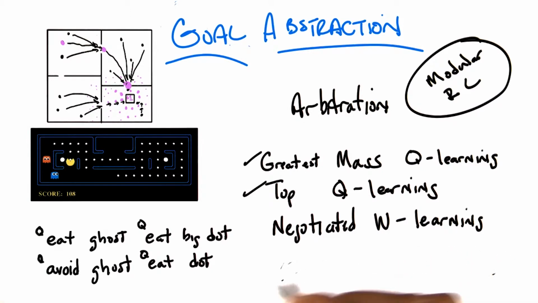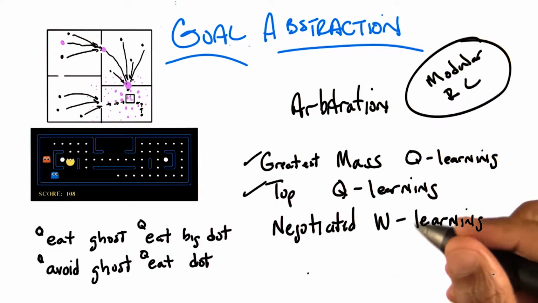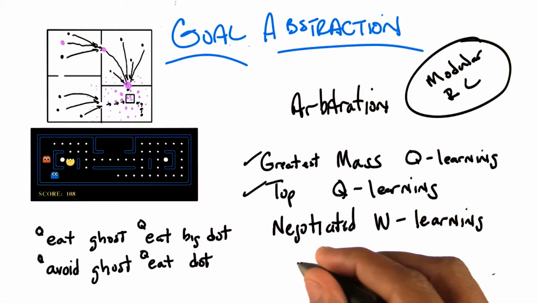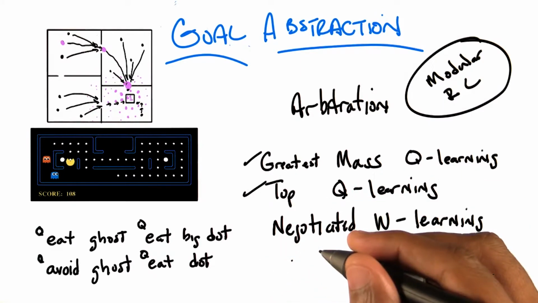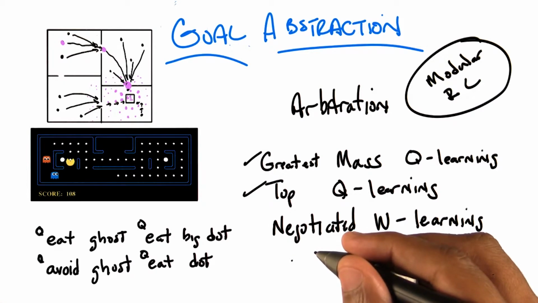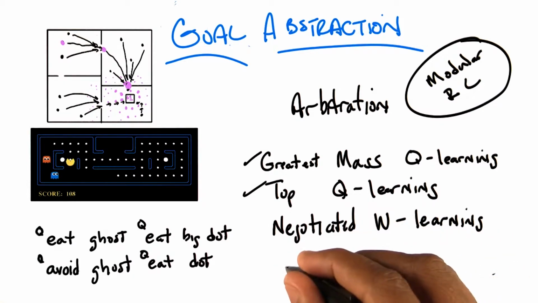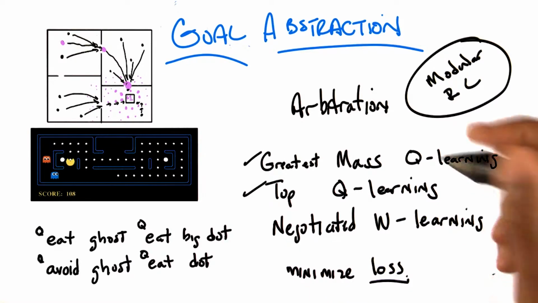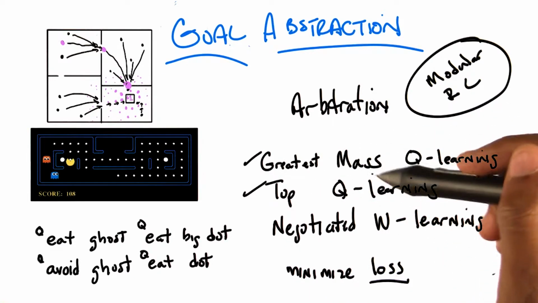This is a lot more complicated, and I can't write it down in just a fancy little equation like that. But what negotiated W learning basically boils down to is that the agent with the most to lose gets to figure out what the action is. So you sort of minimize loss rather than maximize an average or pick the best thing.